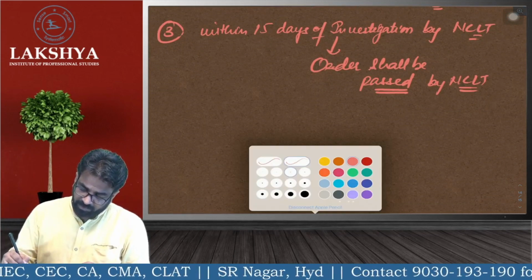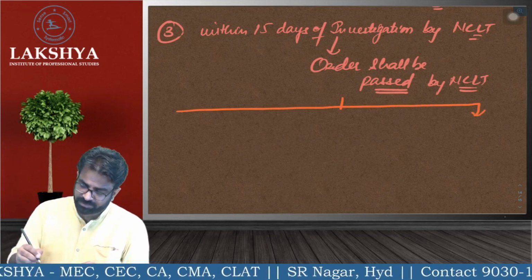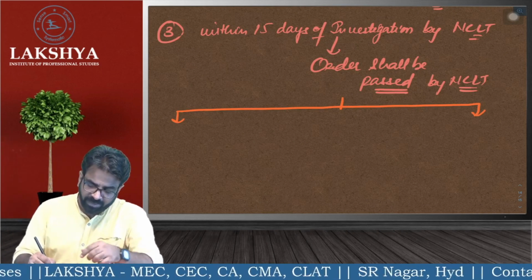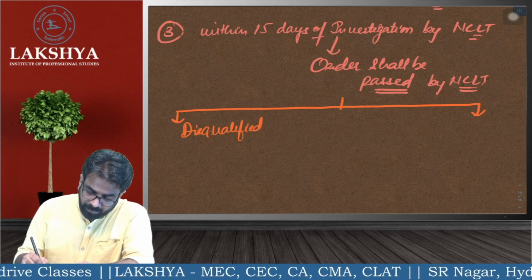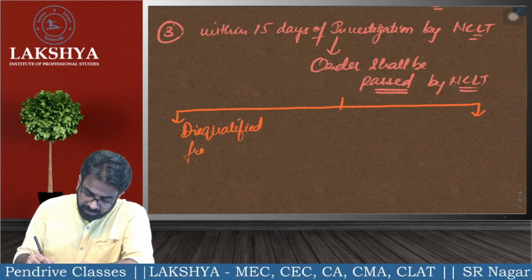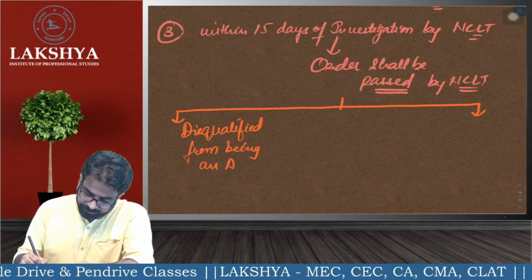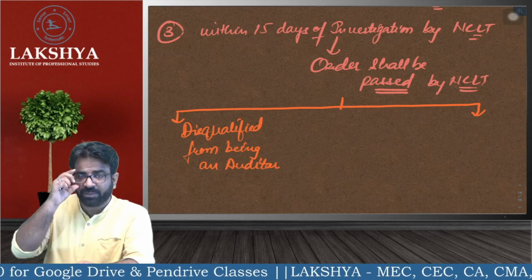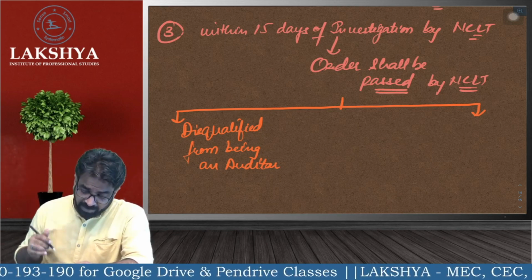Now, what is the order? Let me tell you the order. The order is divided into two parts. Order number 1: disqualified from being an auditor. Remember one thing, always try to interpret the main wordings, what the lawmaker is trying to tell you.